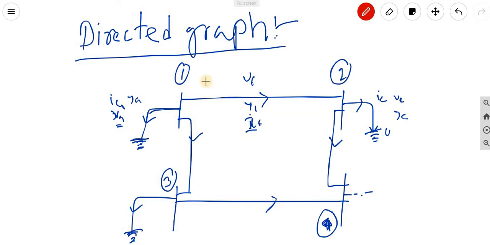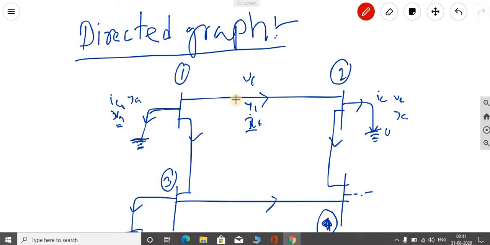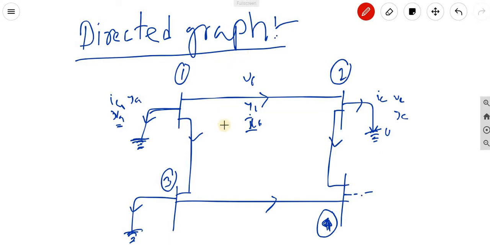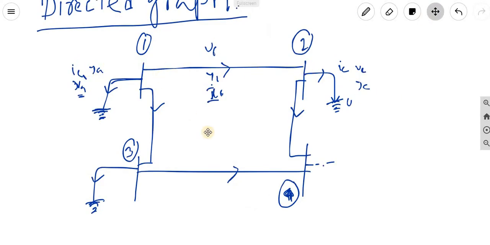Now for each and every branch, how many branches are in this network? This is the directed graph for this network, and the admittance for each particular branch.